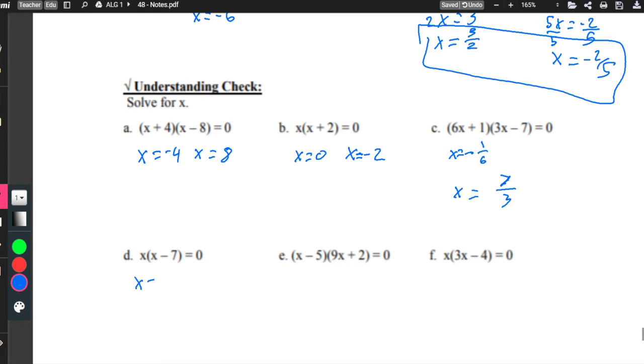We'll have another x equals 0, x equals 7, x equals 5, and x equals -2/9. Sorry, 2/9. And x equals 0, and x equals 4/3. Anybody have any questions? Did not get those answers? Want me to go more into them?